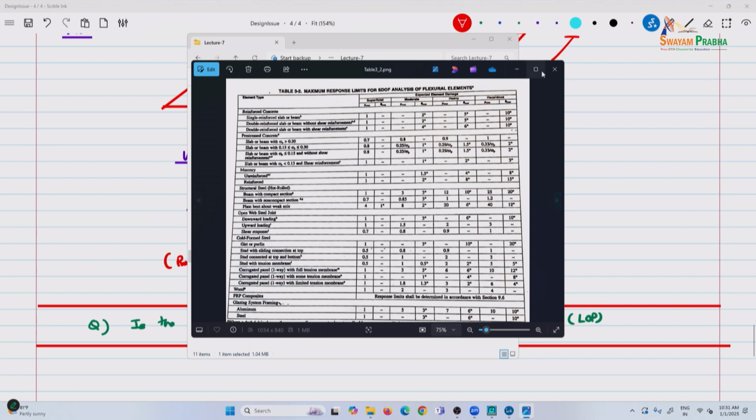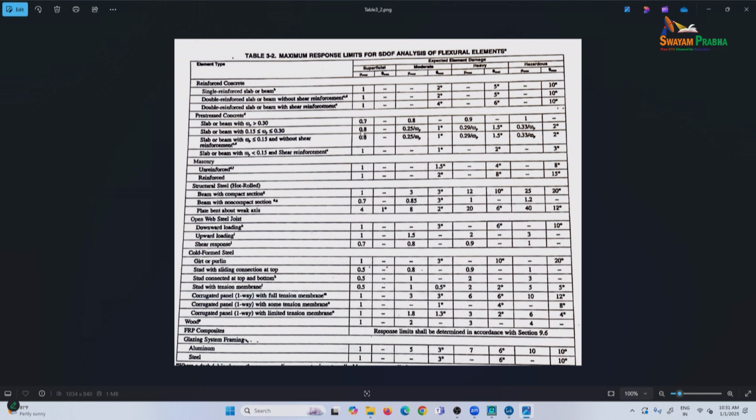Yeah, maximum response limits. So here if you see, this is structural steel, 10 degrees and 12 degrees is heavy. So this is a high level of superficial damage, high level of protection. So the capacities that you would use, averaging plastic section modulus, is for moderate, the high level of protection and medium level of protection. Then heavy damage and hazardous are low level and very low levels of protection. We are in low levels of protection.